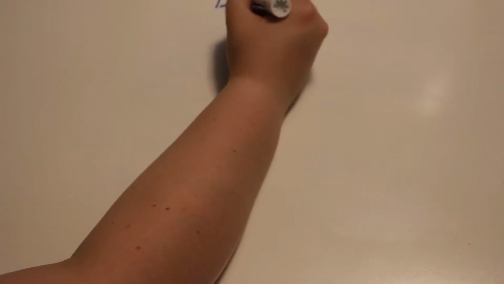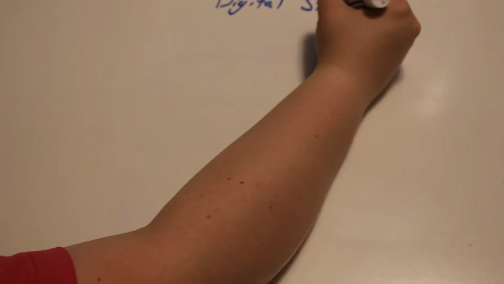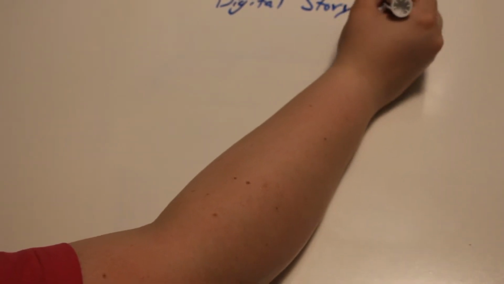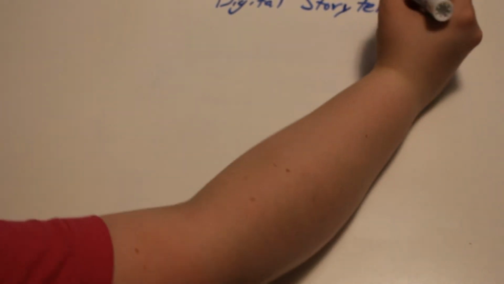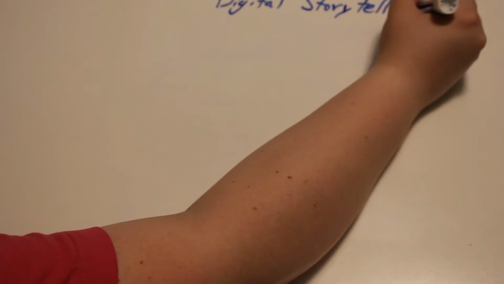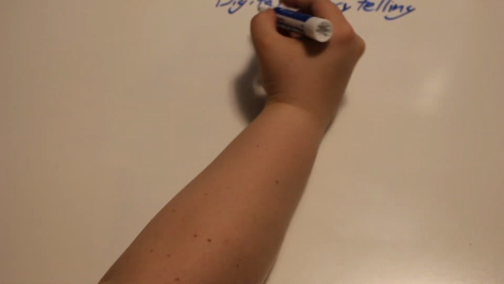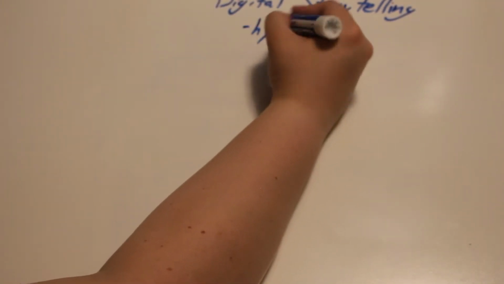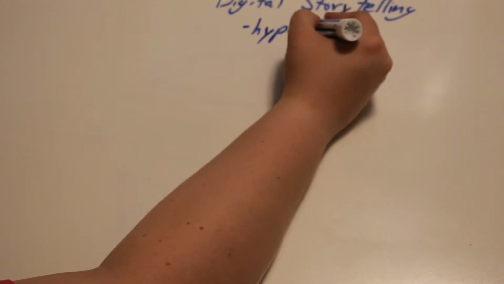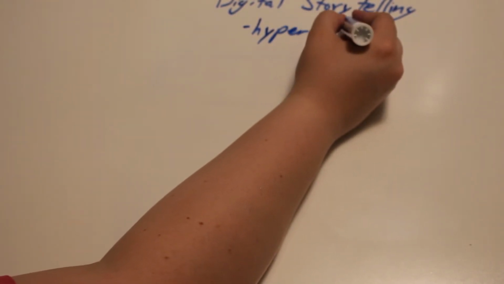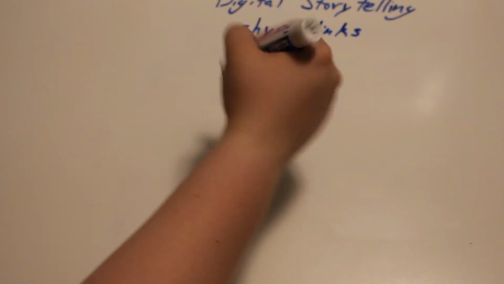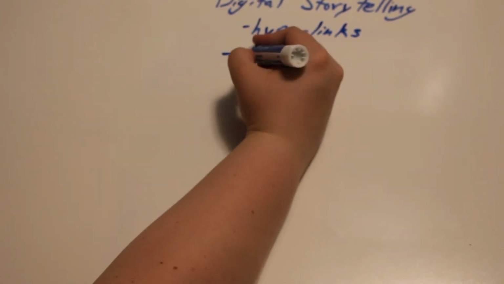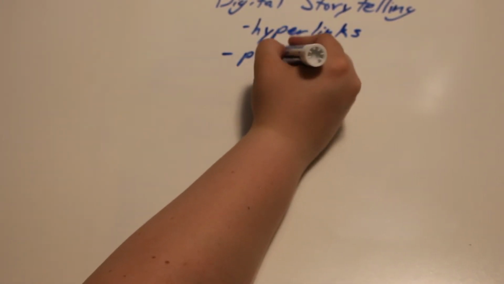But in the digital world, we have hyperlinks. So I mentioned hyperlinks, where you can link the different pages together to form your nonlinear story. You have post order.